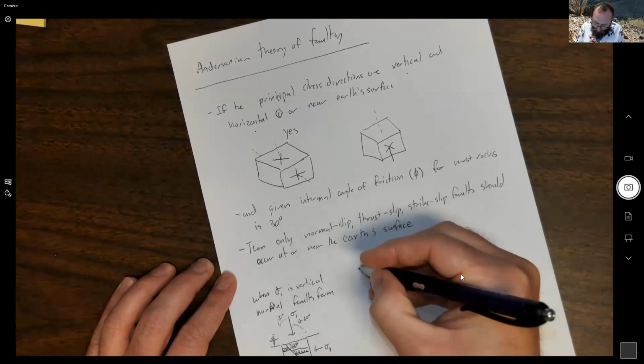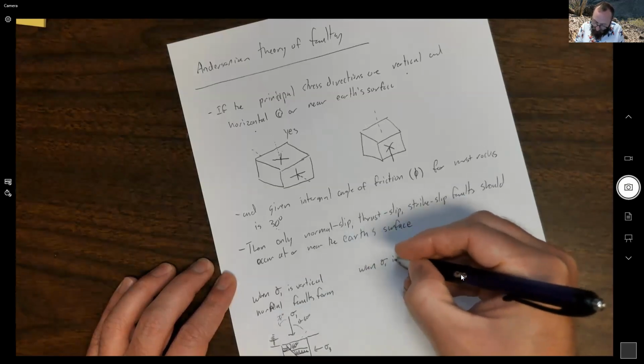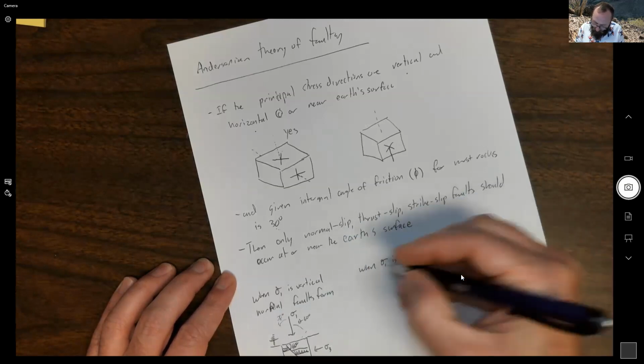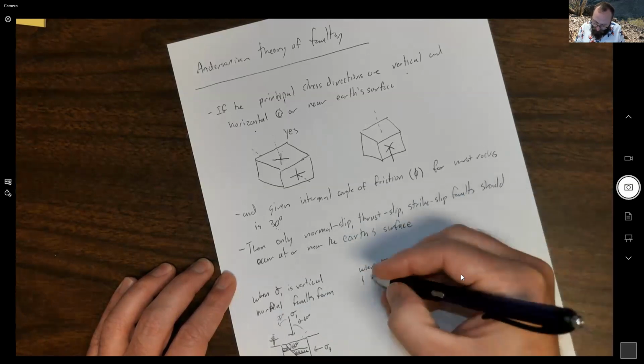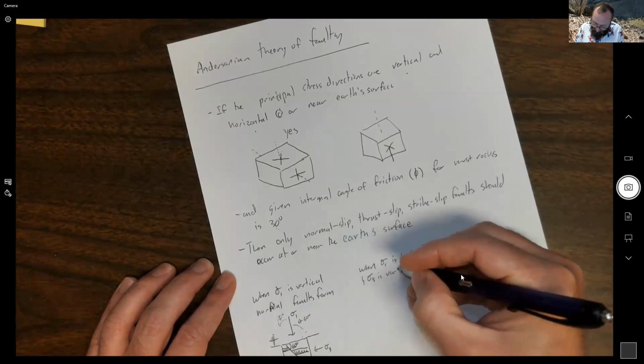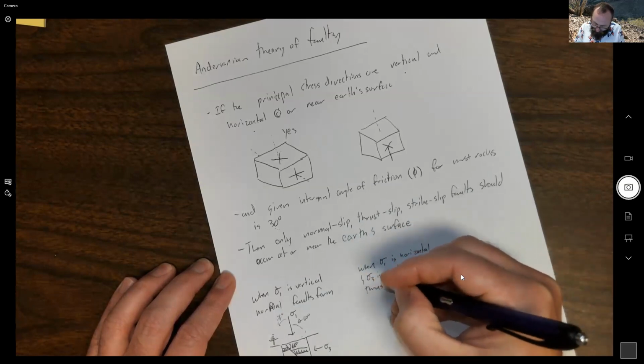And when sigma 1 is horizontal and sigma 3 is vertical, then thrust faults form.